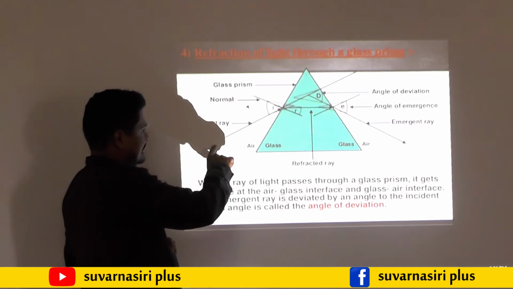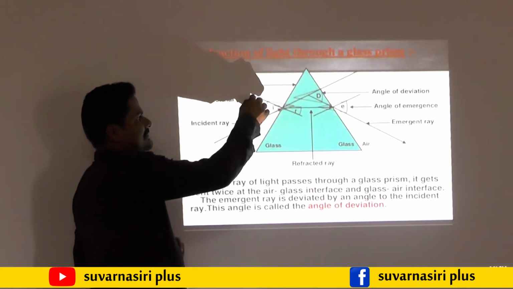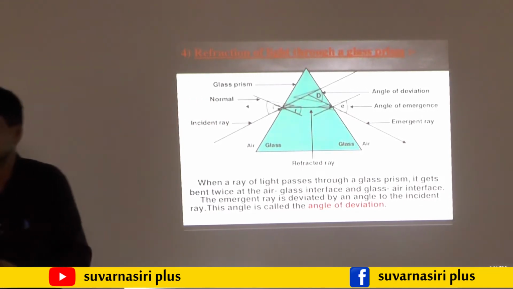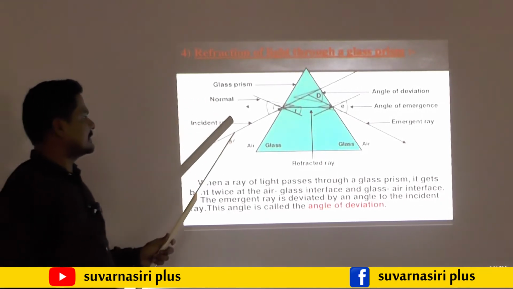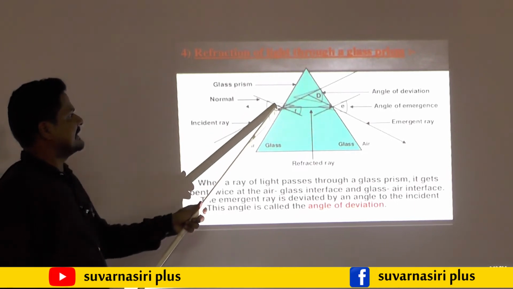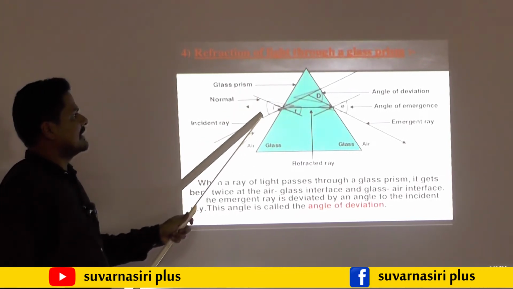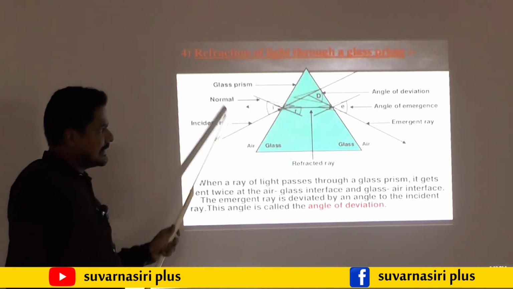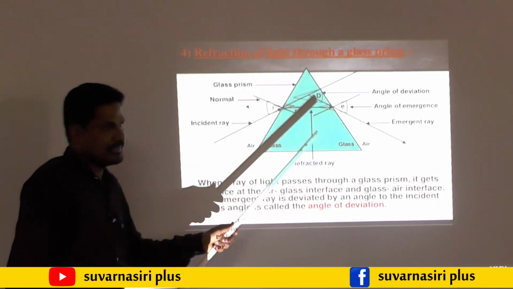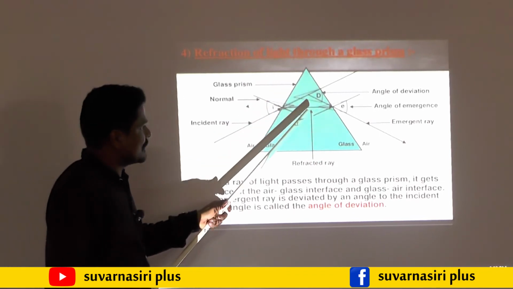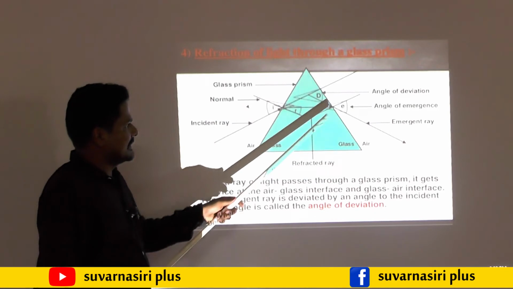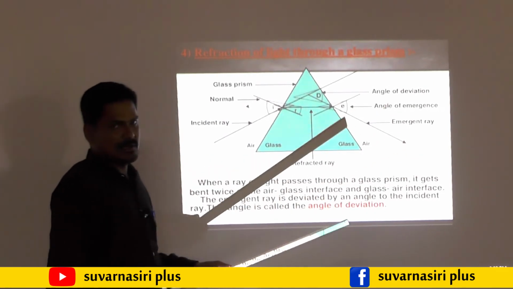This is the incident ray, this is the normal. When light travels from a rarer medium to a denser medium, it bends towards the normal. Again when it goes out of the prism, it bends away from the normal.